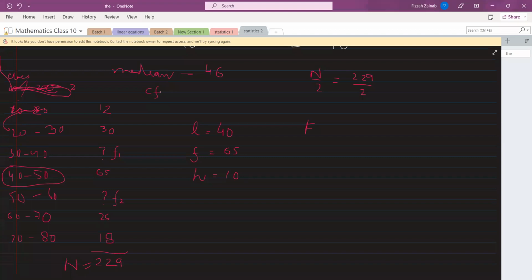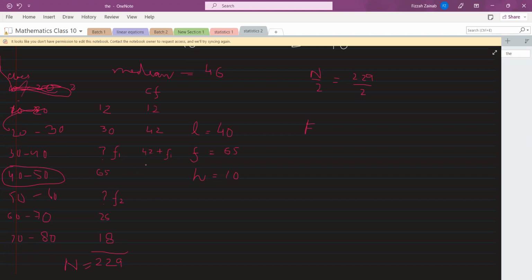Okay. So the first cumulative frequency is 12. Now next is 30 plus 12, so that is 42, right? Now the next will be 42 plus F1. So basically you're adding 42 into F1.